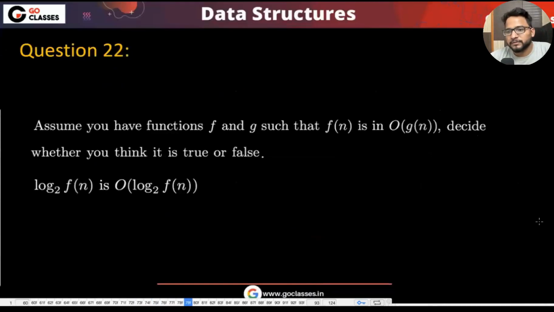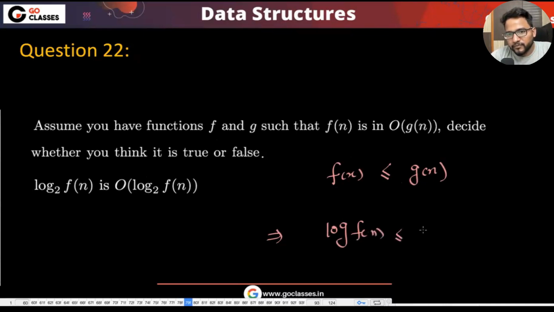Now let's talk about this. Assume the question is the same: Fn is asymptotically lesser than or equal to Gn. Now you have to compare log of Fn. Can you say log of Fn is also asymptotically lesser than or equal to log of Gn?